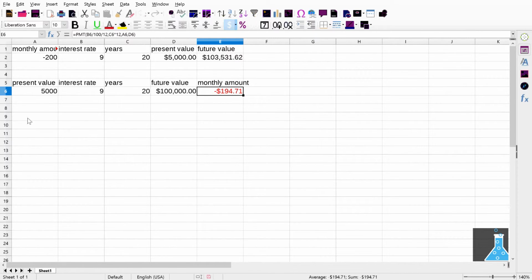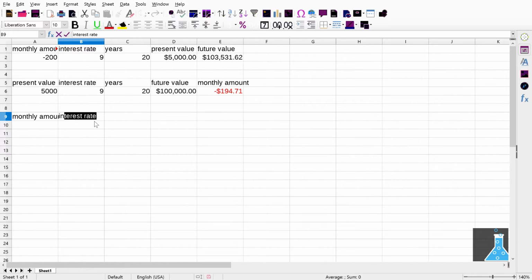The last equation that I want to show you is how to figure out a time frame. So let's say we have the monthly amount that we want to contribute.